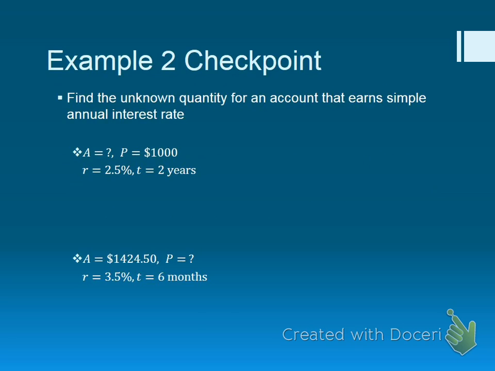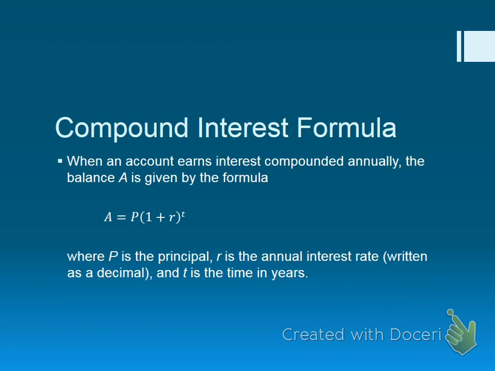Okay, compound interest is going to be A equals P times 1 plus R raised to the power of T. Okay, again, I will give you these formulas on the quiz. You do not have to have them memorized, but you do have to know which one to plug in. So this one is compound interest. A stands for the balance, P principal, R rate, T time.